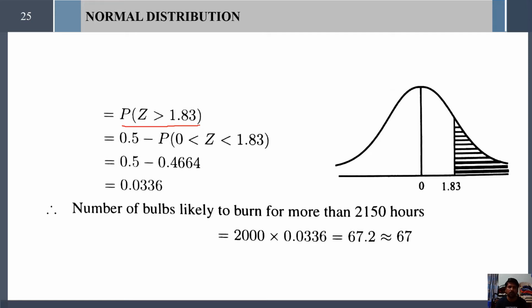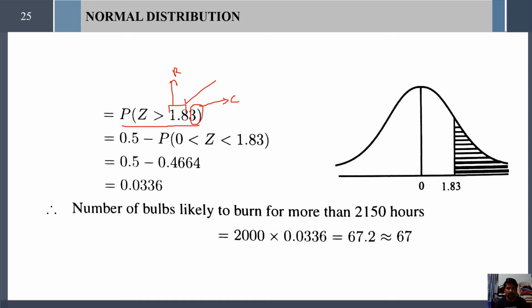Now, by referring to the normal table, we have to calculate the area for 1.83. The last single digit refers to the column, and the remaining 1.8 is the row value. So 1.8 row and third column.